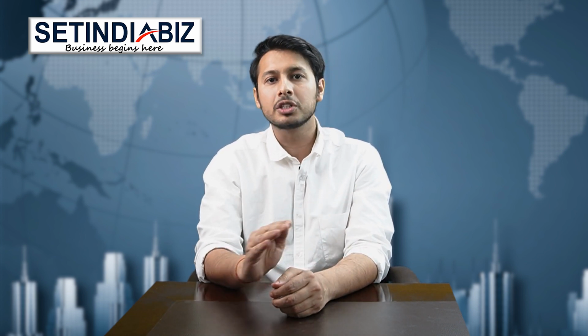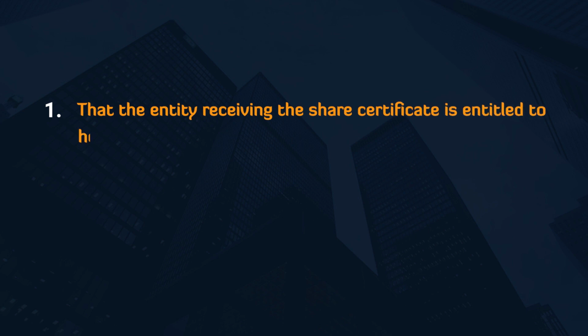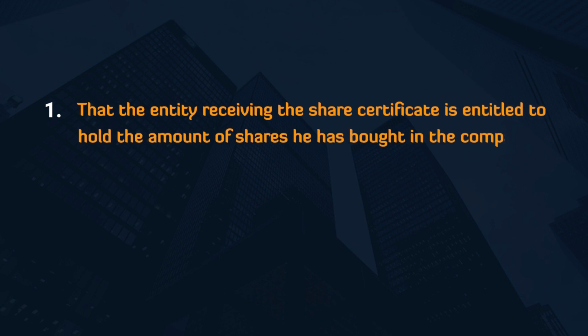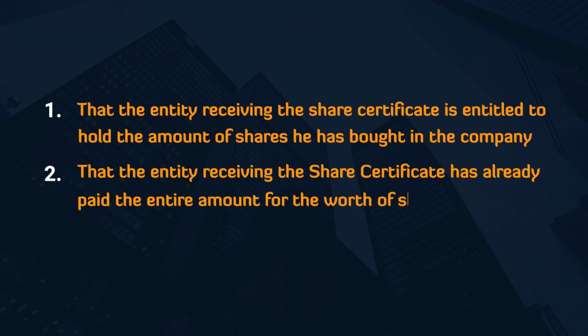A share certificate is simply a legal document issued by the company to all its investors or shareholders, providing two things. Number 1, that the entity receiving the share certificate is entitled to hold the amount of shares he has bought in the company. Number 2, that the entity receiving the share certificate has already paid the entire amount for the worth of shares he holds in the company.